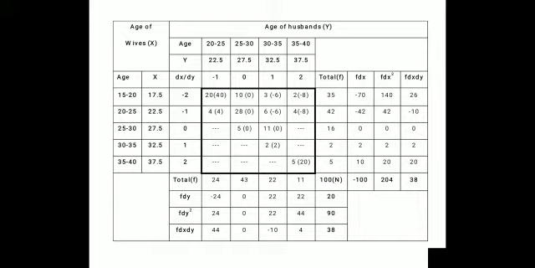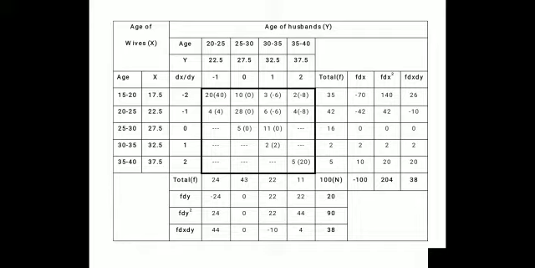Okay, now let us concentrate on dx and dy. To calculate the value of dx and dy, we should subtract the assumed mean from the x values, that is x minus x bar. So we have assumed 27.5 as the assumed mean of x. So the calculation here will be 17.5 minus 27.5 divided by the class interval gap.